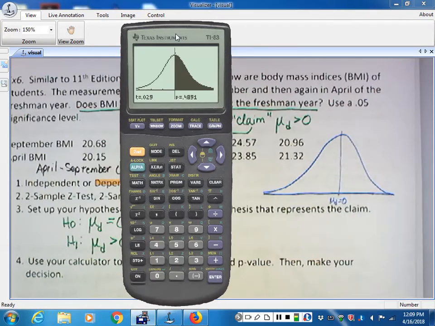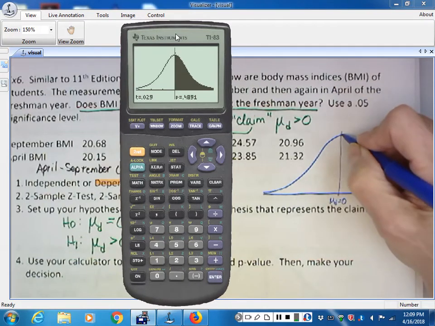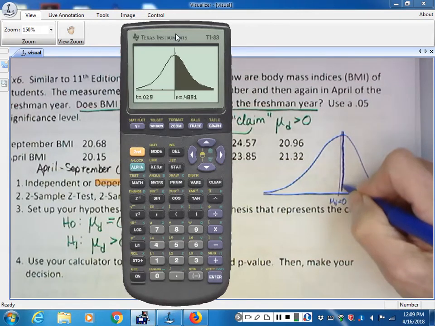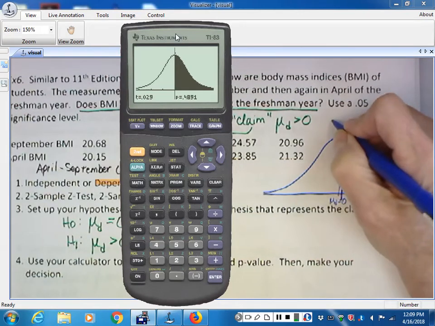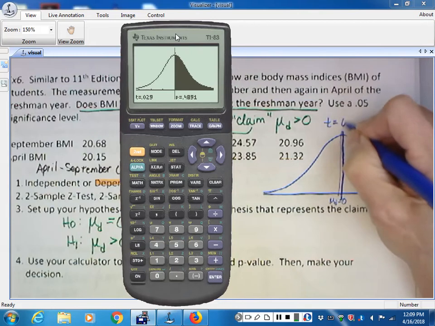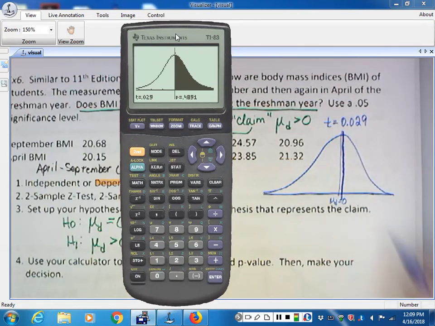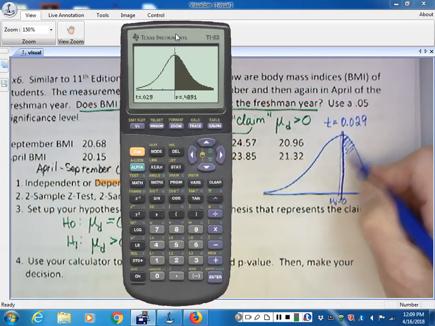This says that the actual t-value is 0.029. And then our p-value is almost 50%.